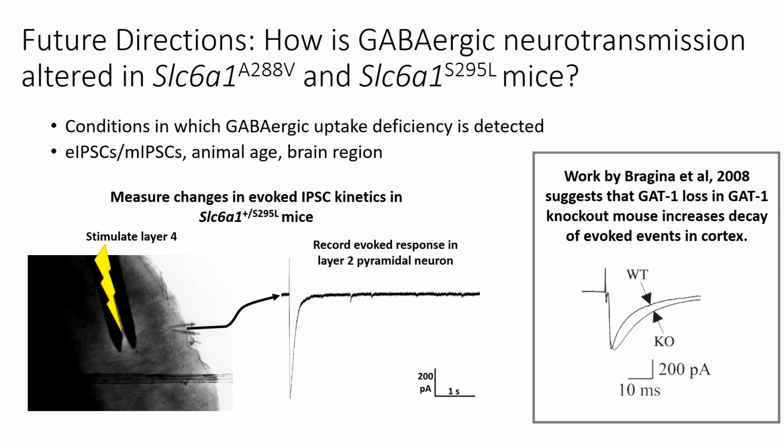You have to look at a specific age or a specific instance, either when there's a strong surge of GABA or in other similar situations. That's what I'm doing so far. One of the experiments I'm doing, as I'm showing here, is looking at evoked currents where I'm stimulating layer 4, recording from layer 2, and measuring the response to a big surge of GABA. So I'm really hoping to find a difference there.